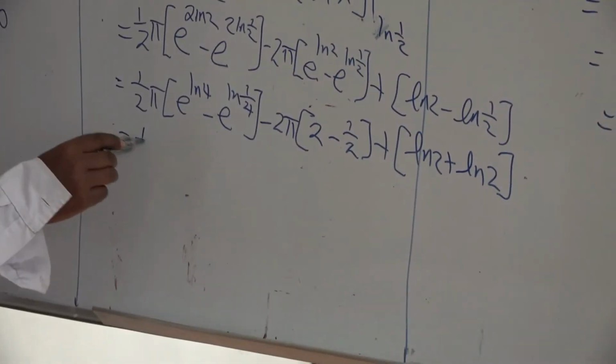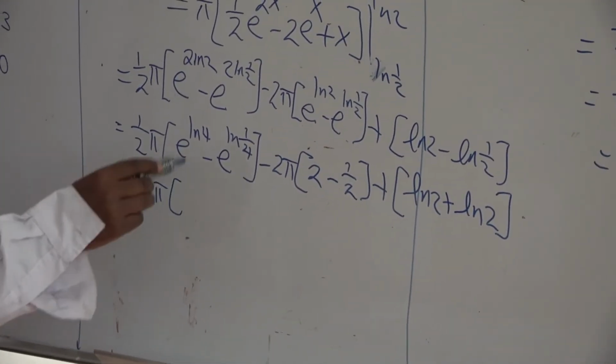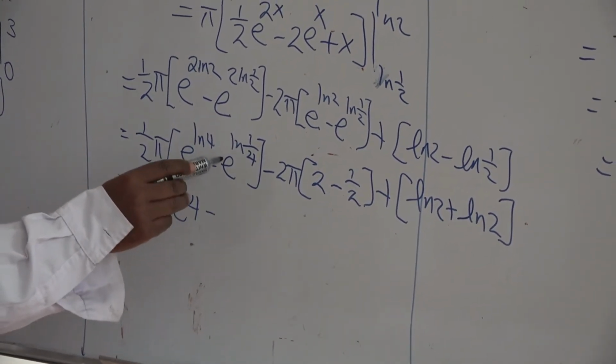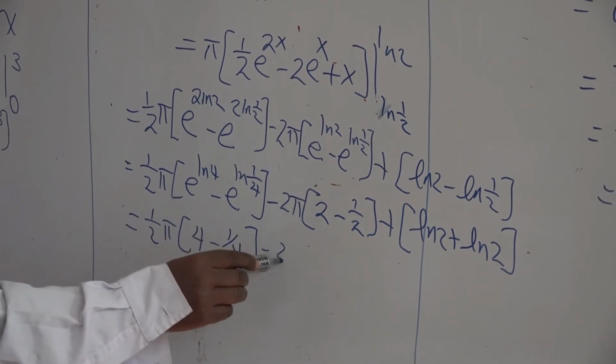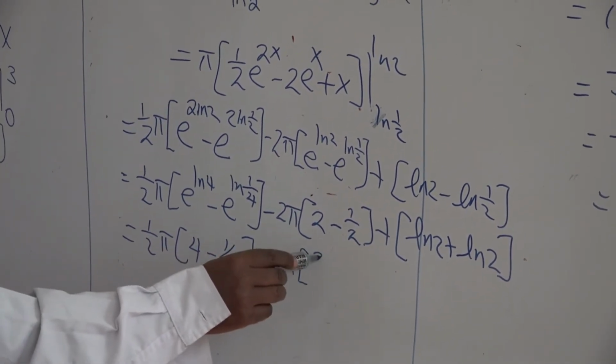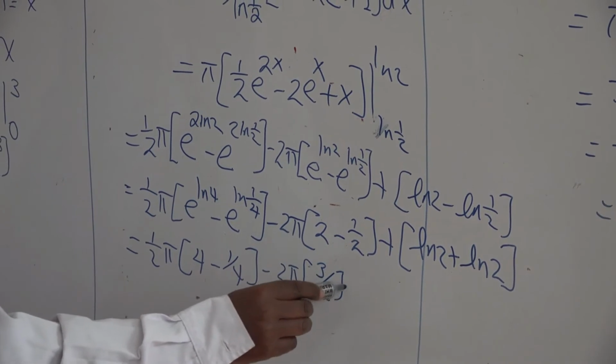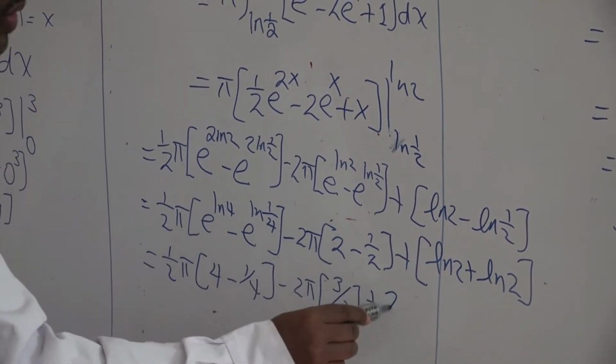So I have 1 over 2 pi, this is 4, minus e power ln of 1 over 4 is 1 over 4, minus 2 pi, we have here 2 minus 1 over 2 is 3 over 2, plus 2 ln 2.